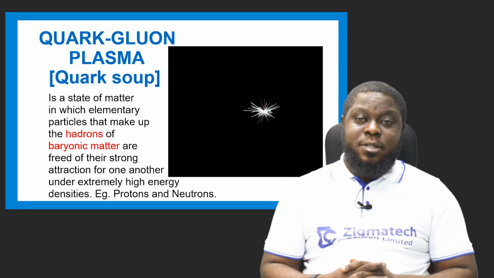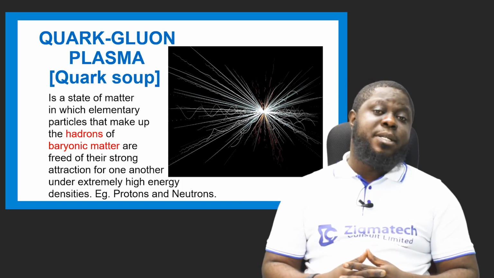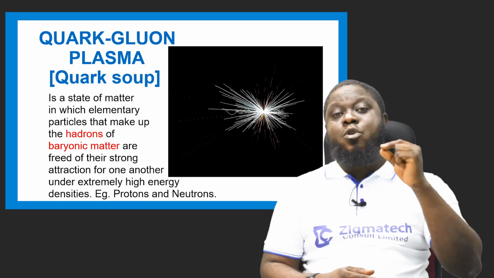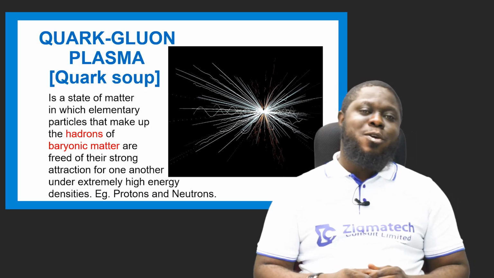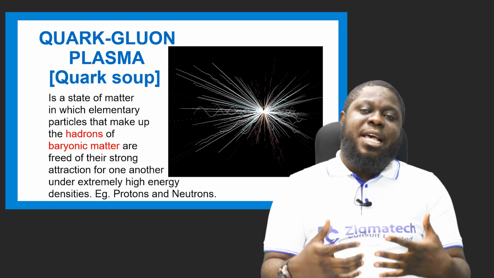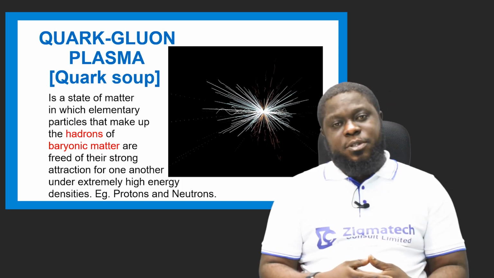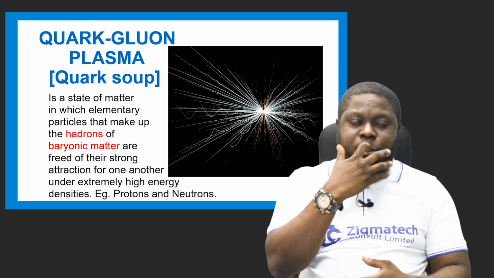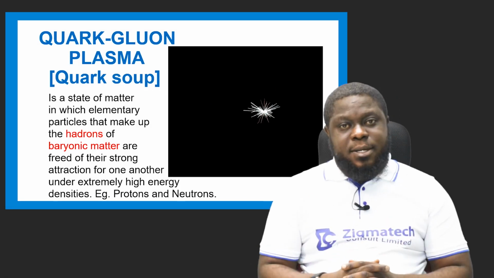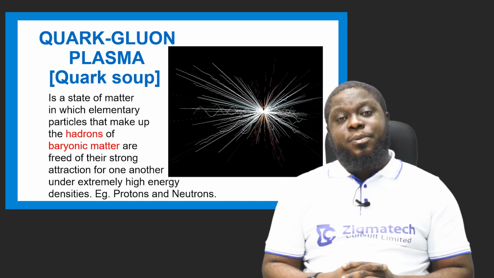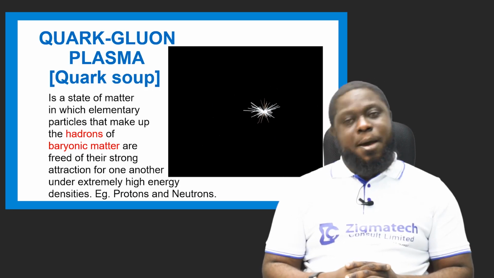You buy goose, you buy fish, you buy meat, you buy periwinkle, you buy so many things, and bring them together for you to have a good soup. It is a combination of items, a combination of products, things you went to the market to buy that will give you a very good soup.